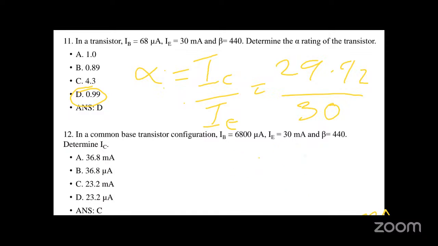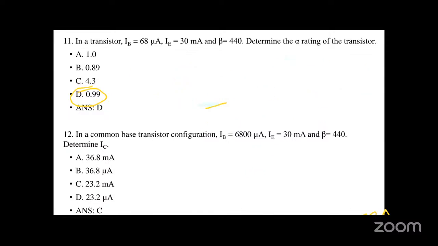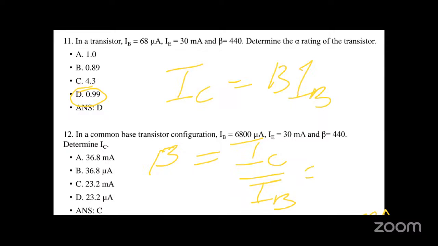So to find IC, beta is equal to IC over IB, which implies IC is equal to beta IB. That is 440 times 6.80.